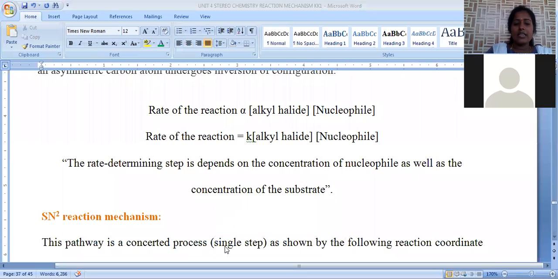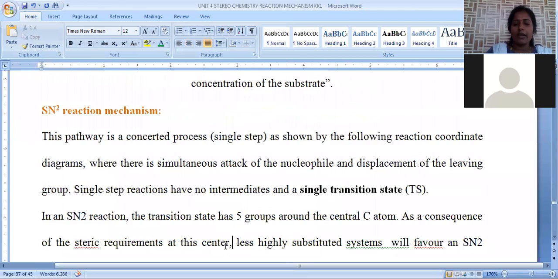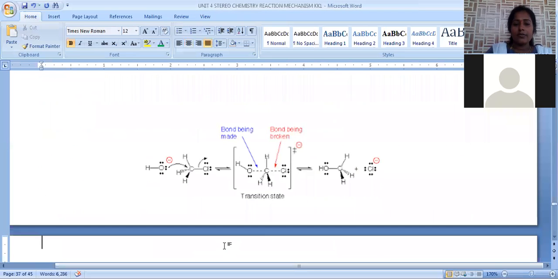Then let us see what the mechanism is in this. Here, when we see the reaction, the alkyl halide should be primary, because only primary alkyl halide is preferable for SN2. Here, because of this, a transition state is formed. In the transition state, what happens? Carbon is accommodated with 5 bonds.